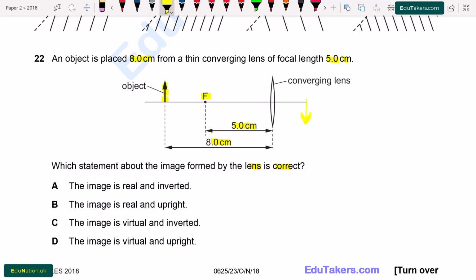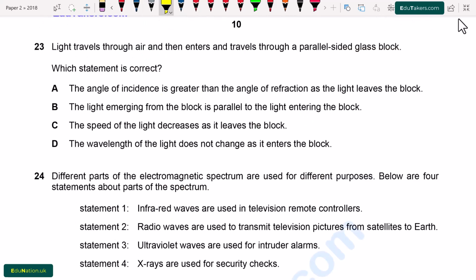Option A, the image is real and inverted. B, the image is real and upright. C, the image is virtual and inverted. D, the image is virtual and upright. So only option A is correct, which shows that the image is real and inverted. Question number 23. Light travels through the air and then enters and travels through a parallel sided glass block.